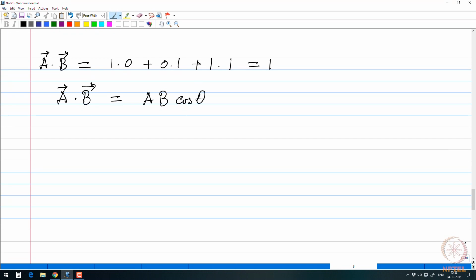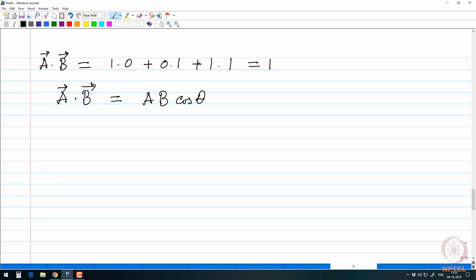Now if we perform a dot product of A and B using the component forms that we have just deduced, we have A dot B equals 1 times 0 plus 0 times 1 plus 1 times 1, that means it's 1. And we know that A dot B equals AB cosine of the angle between them.